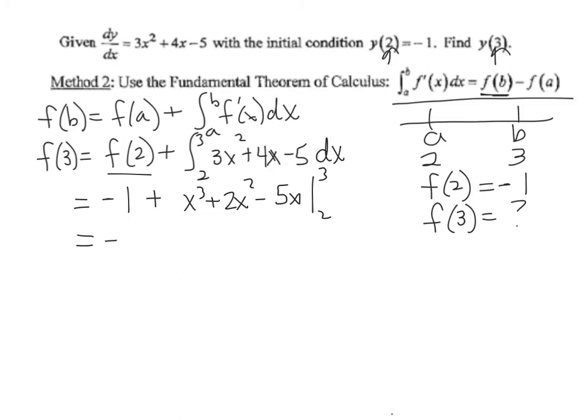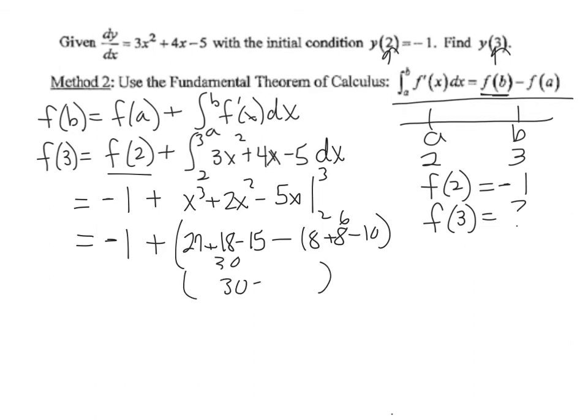All right, so that gives me negative 1 plus 27 plus 18 minus 15, and then minus 8 plus 8 minus 10, so that is 6, and this is 30. So 30 minus 6 is 24. Negative 1 plus 24 is, boom chakalaka, it's 23.